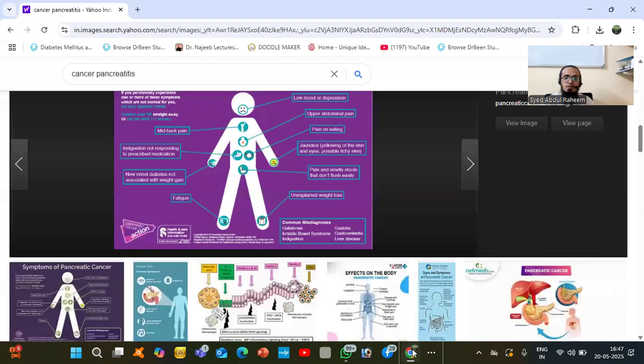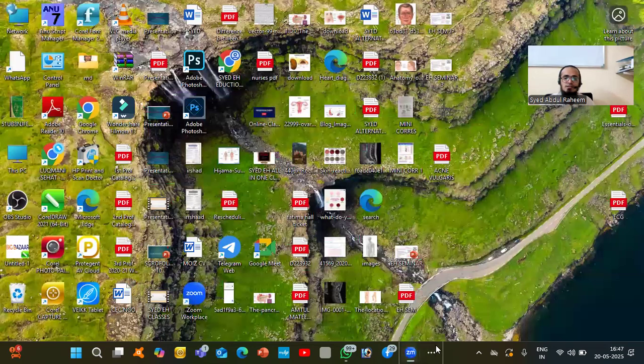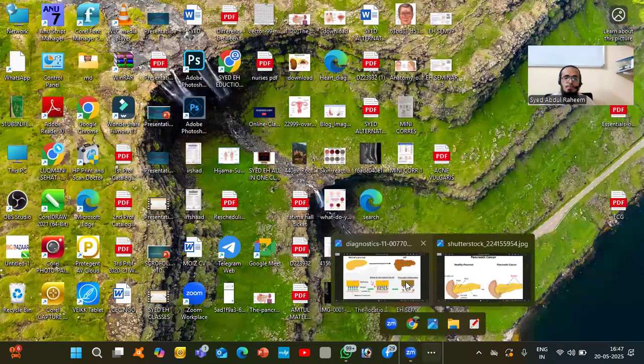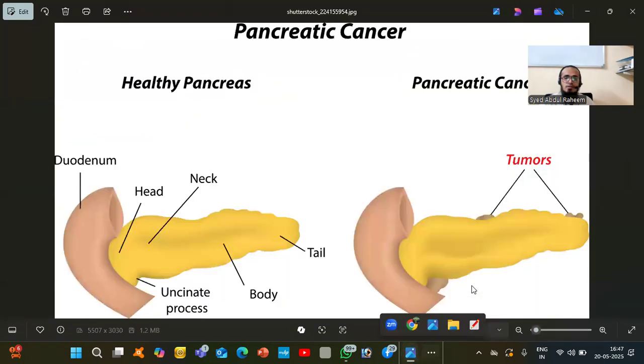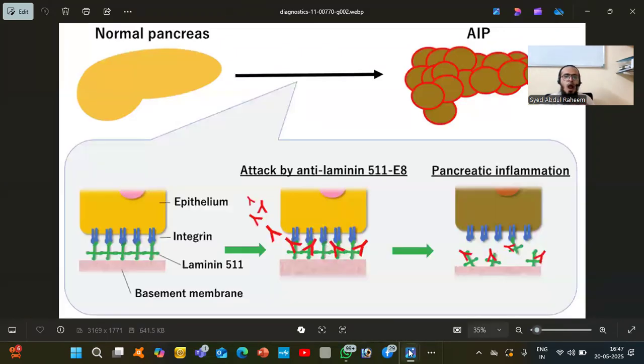the next problem that mostly occurs. Two problems are there, most common problems. That is autoimmune pancreatitis. So there our own body cells are damaging the pancreas. That is called AIP, autoimmune pancreatitis.